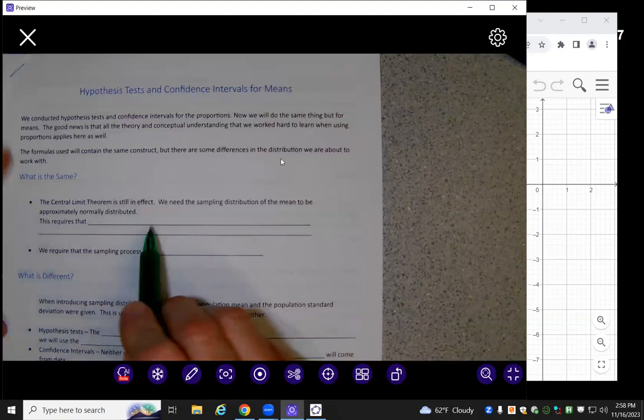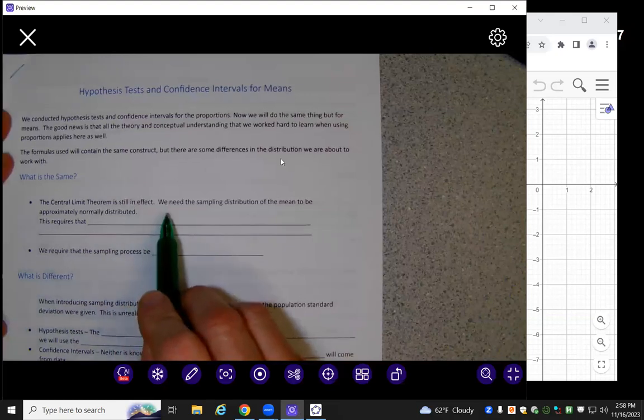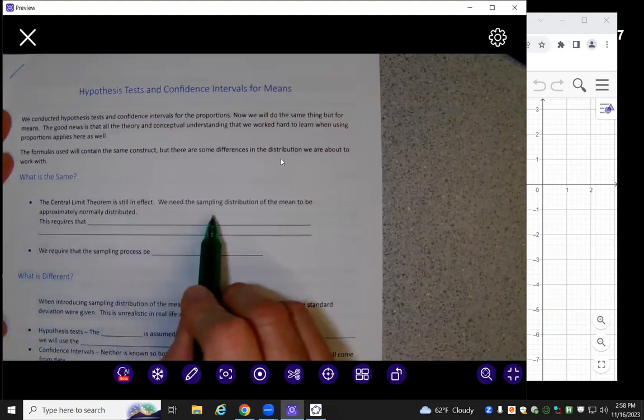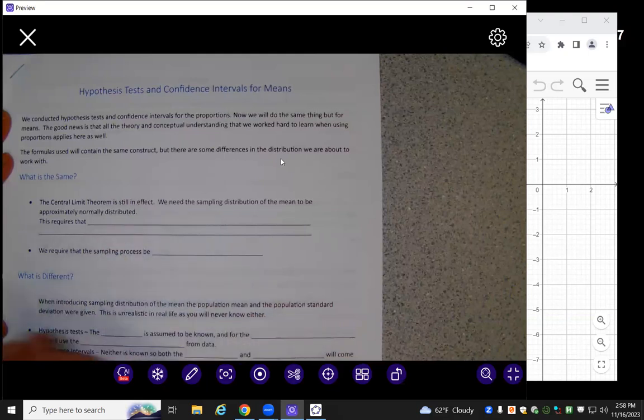The central limit theorem is still in effect. We need the sampling distribution of the mean to be approximately normally distributed. And we achieved that.